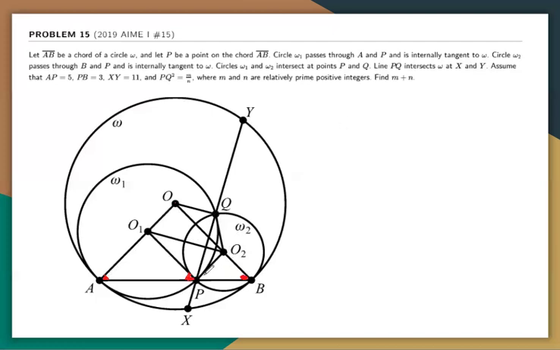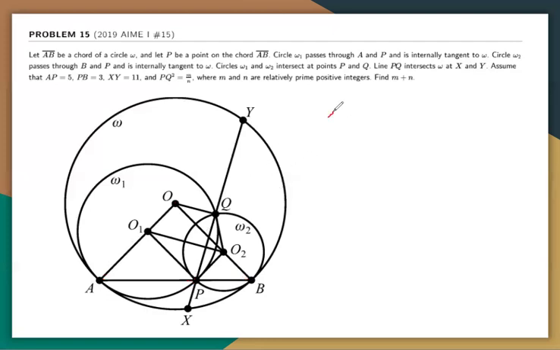Similarly, we have another circle right here. This distance is also a radius, and this is also a radius. So this triangle AOB and AO1P are all similar to each other by angle-angle similarity. Let's write those first.